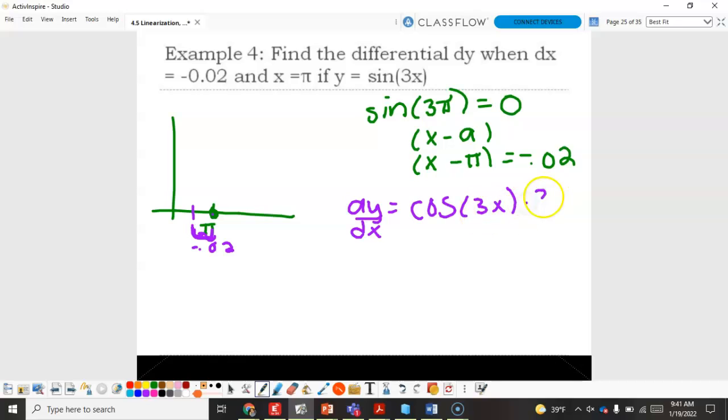Then why was L equal to 0.32 still? Because f of a was 0. Just like in this case, the sine of a is 0. So my dy is going to be my L of x again. So this says dy equals 3 cosine 3 pi times the change, negative 0.02.